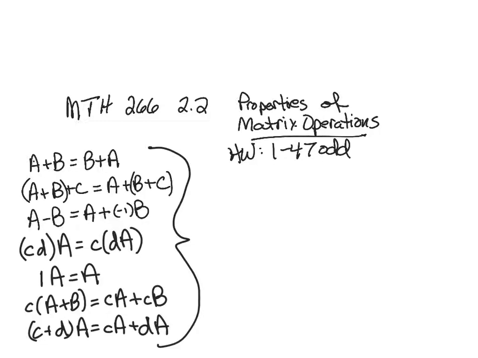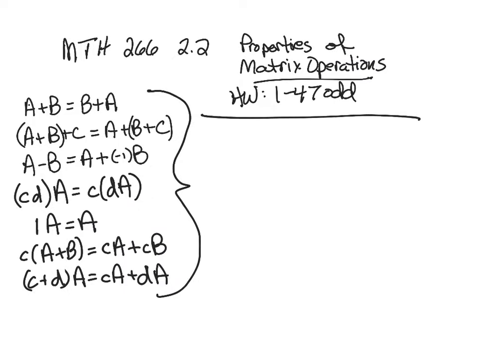There is also something called a zero matrix. The zero m by n matrix is just a matrix where every single element in the matrix is the number 0. And this should be bold and big. That means if I add a 0 matrix, I get the matrix back.